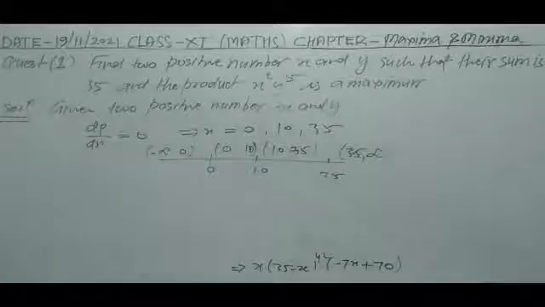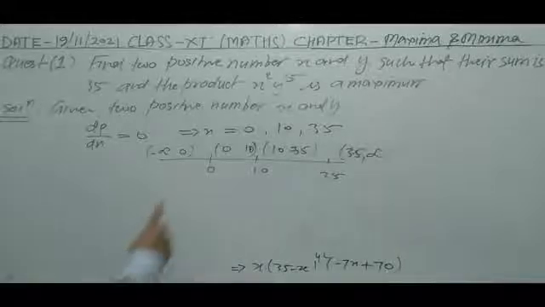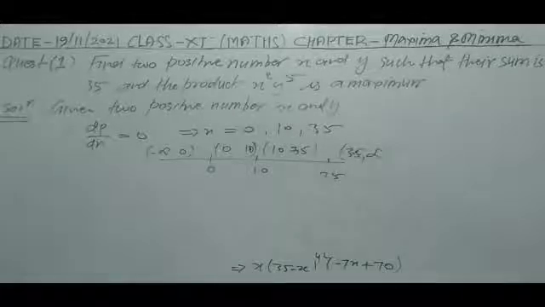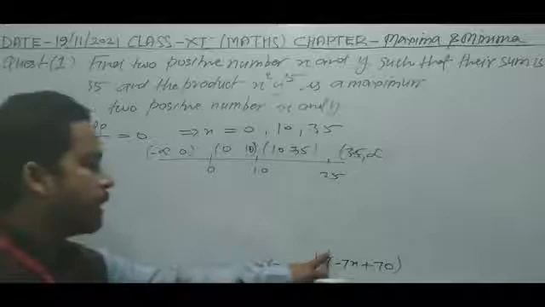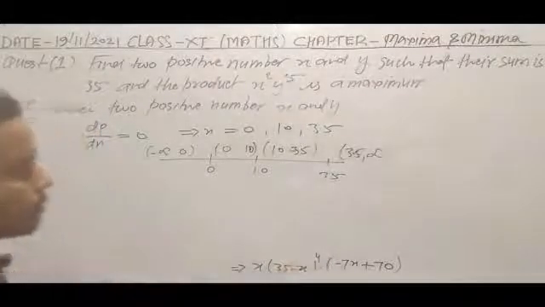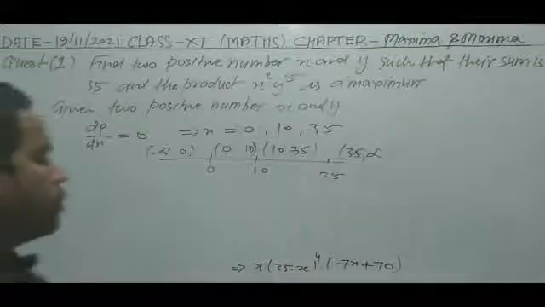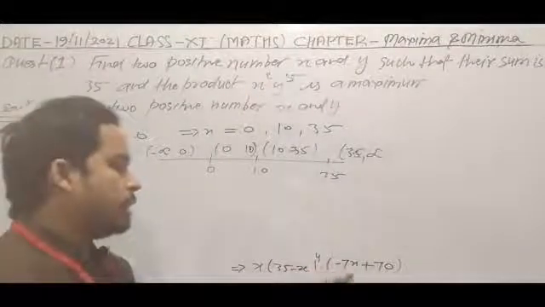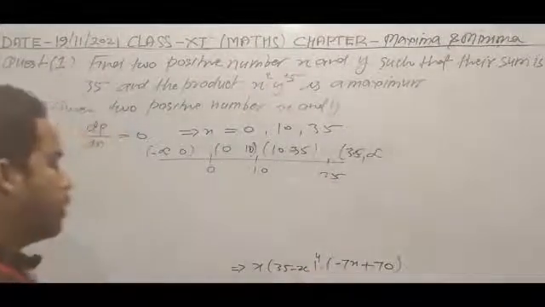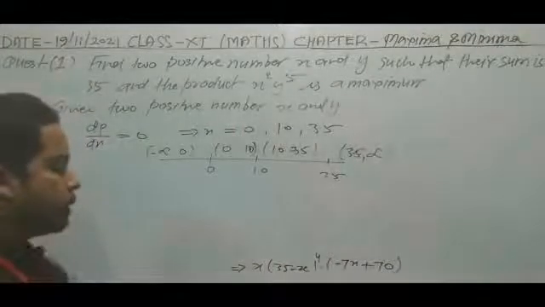How can we find the sign in the interval 0 to 10? Suppose we take 9. Then 9 times 7 is 63, this will be positive, and the other factors are also positive.